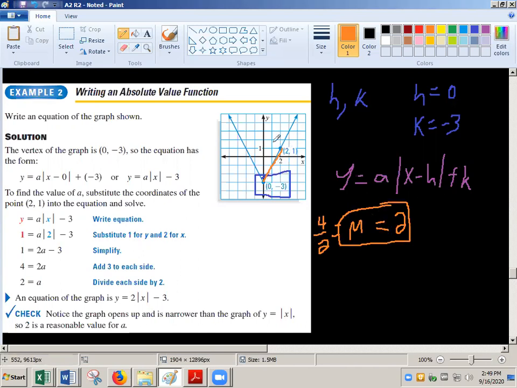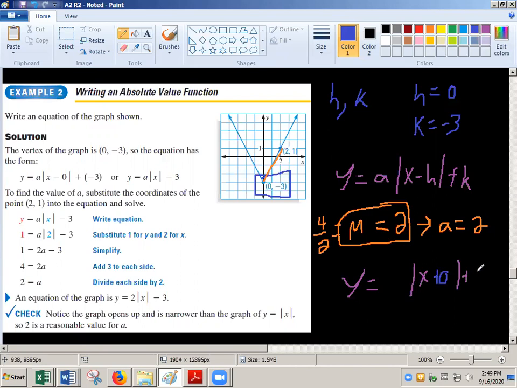Again, if it's positive, it's opening up. Negative, it's opening down. So my a value is 2. So now I'm able to fill this thing in. So now I can say y is equal to, fill in the values. I'm going to write out plus 0 here, but you never actually do this.